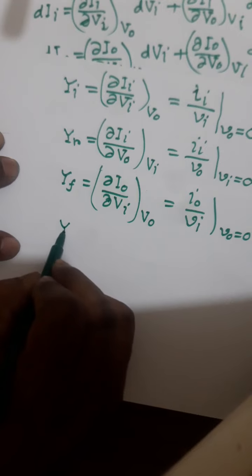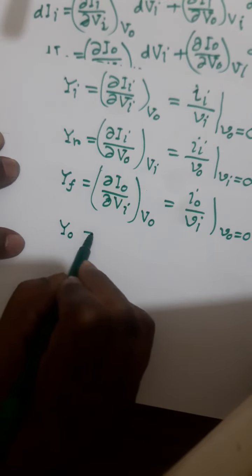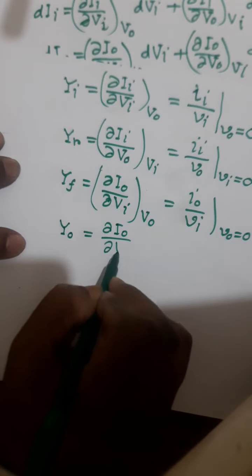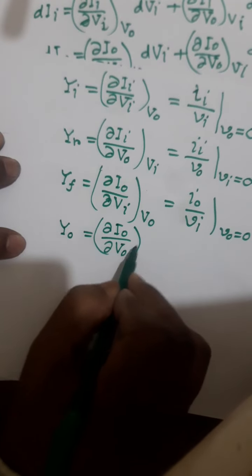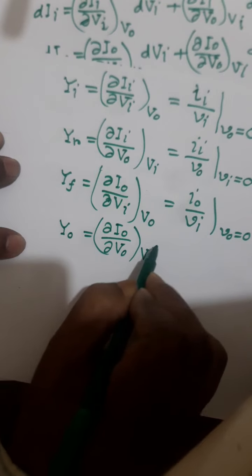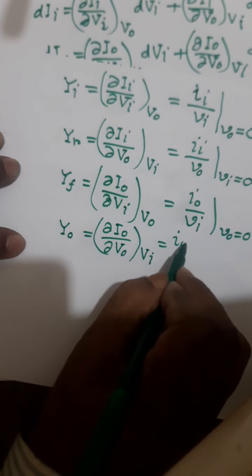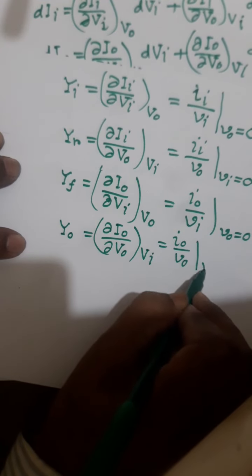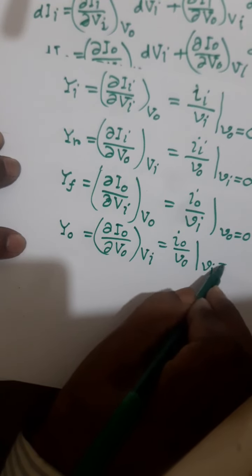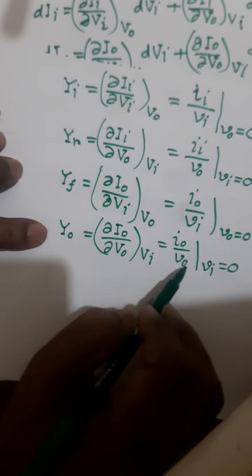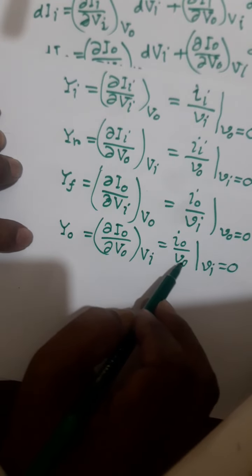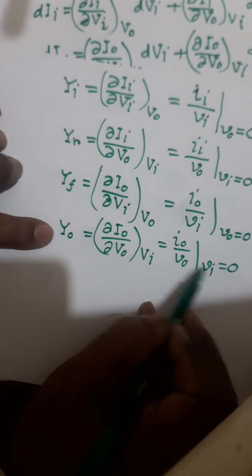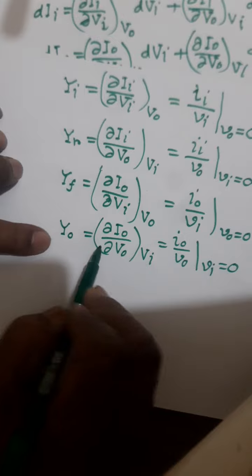And Yo equals del Io by del Vo with Vi constant, that is Io by Vo with Vi equal to 0. It is the short circuit output admittance.